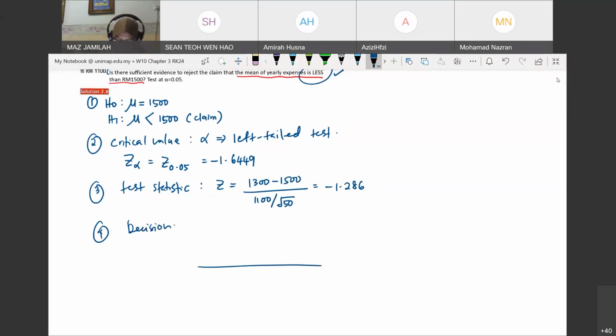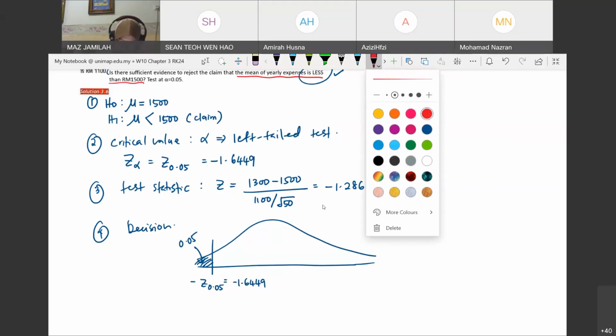our decision would be, our alpha of 0.05, so negative Z 0.05 is given by negative 1.6449. And our test statistic is negative 1.286.